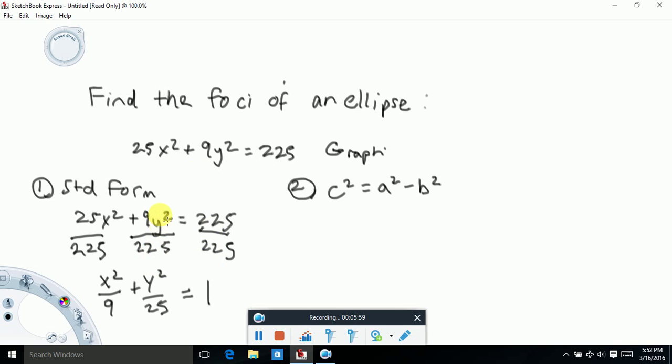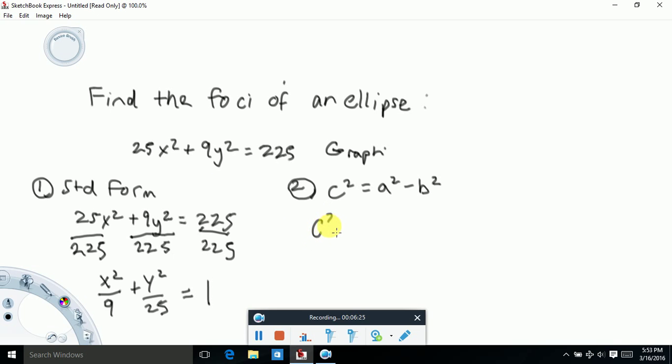Now we are given this equation. We need to figure out what a and b are. So how do we figure out what a and b are? A is always greater than b, so we know this has to be a squared and this has to be b squared. So a squared lies along the y-axis and b squared lies along the x-axis.